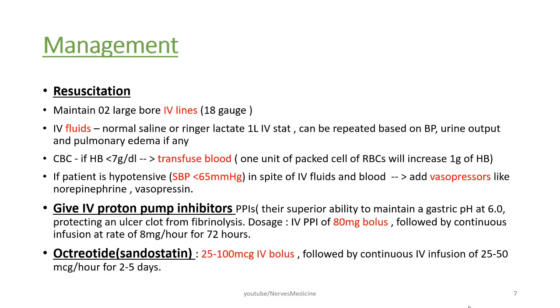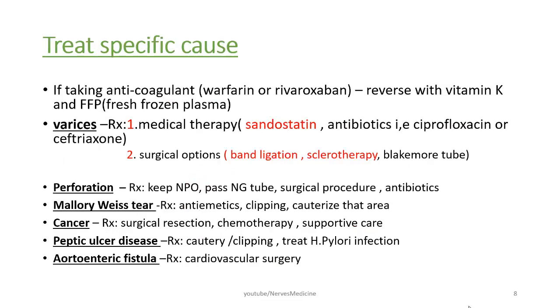Dosage is 80 mg IV bolus followed by continuous infusion at the rate of 8 mg per hour for the next 72 hours. Octreotide (Sandostatin) 25 to 100 microgram IV bolus followed by continuous IV infusion of 25 to 50 microgram per hour for 2 to 5 days.